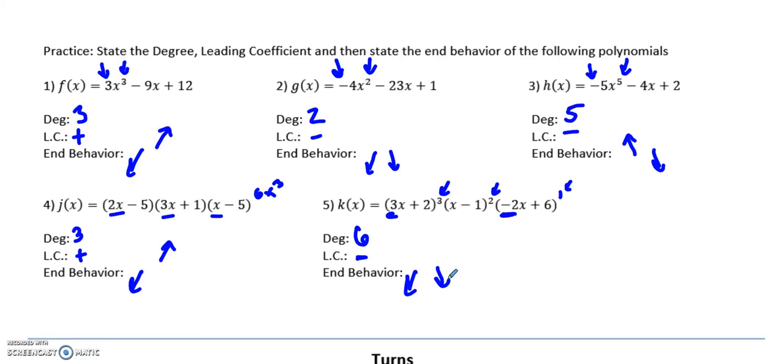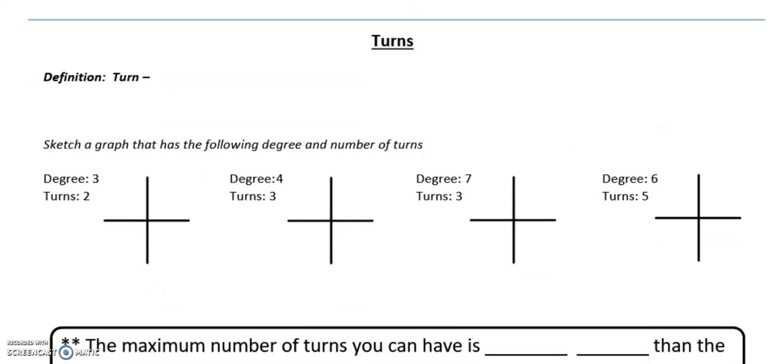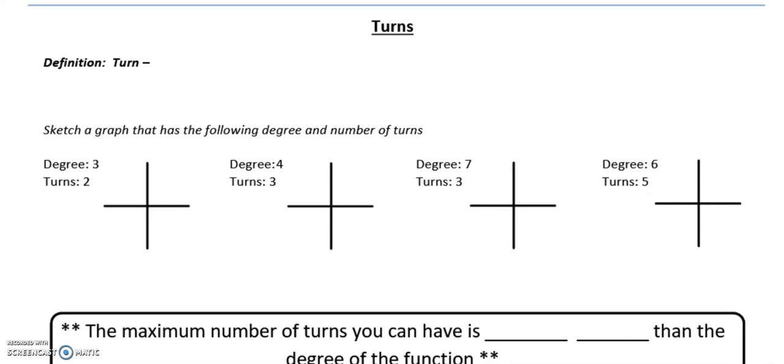So we're getting a good idea of what my graph looks like in terms of the end behavior, but not so much what's happening in the middle of my graph. The middle of the graph can be defined by this idea of turns. We're going to define a turn as extrema. In other words, any absolute or local maxes or mins are going to be counted as turns.